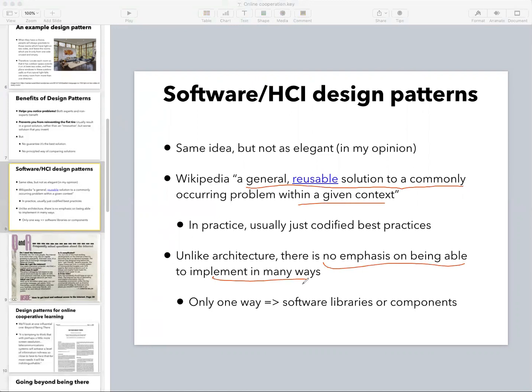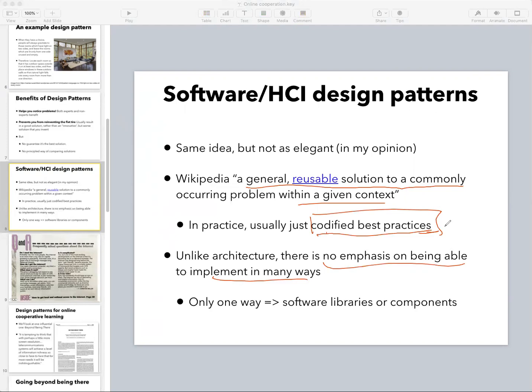That notion is frequently lost when you talk about design patterns in software and HCI. Often, the term design pattern is used to mean just a codified best practice. So this is one way of doing it, instead of thinking of all the ways that you can implement the core of the solution.